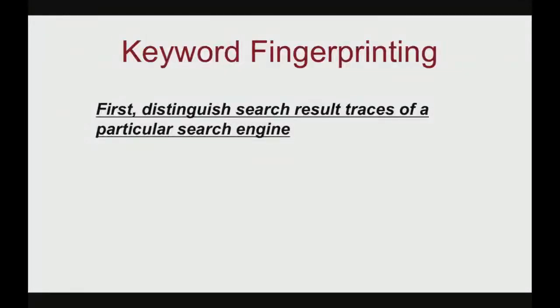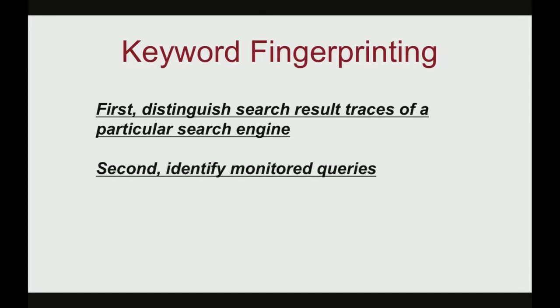In keyword fingerprinting, we have three stages. First, we need to filter out unnecessary web page traffic, that is, distinguish search result traces of a target search engine. We explored three different search engines: Google, DuckDuckGo, and Bing. Then the adversary determines whether the monitored traffic is in his list or not.